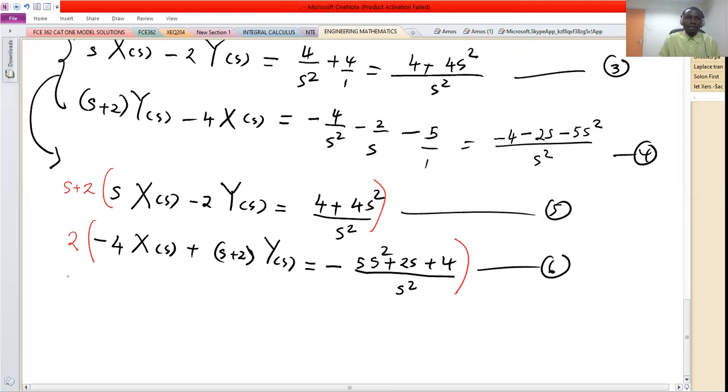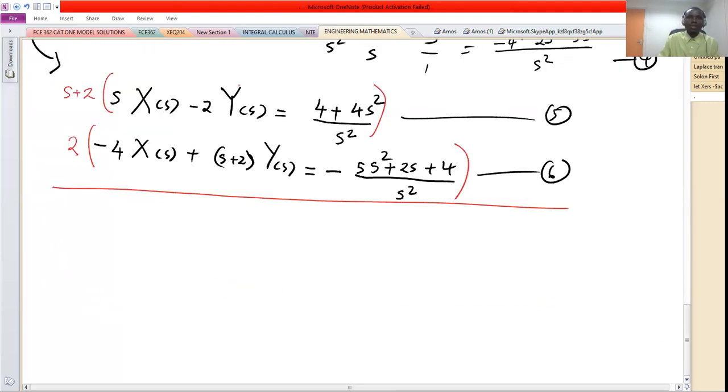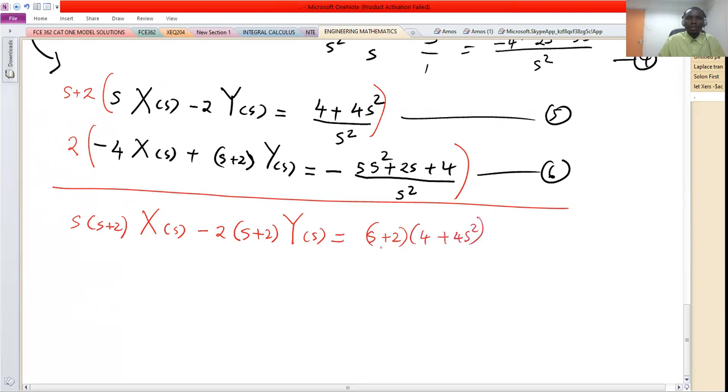We want to eliminate capital Y of s from these two equations. So we have s times s plus 2 times X of s minus 2 times s plus 2 times Y of s equals s plus 2 times 4 plus 4s squared over s squared.